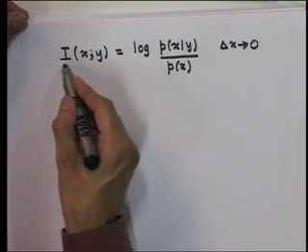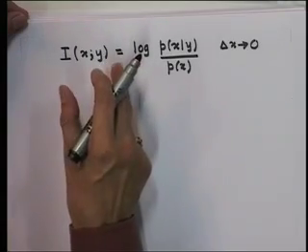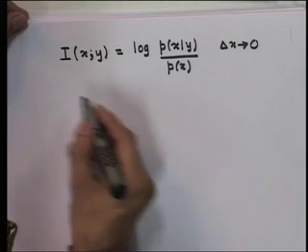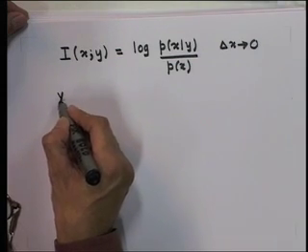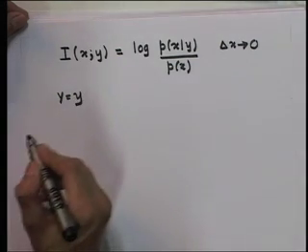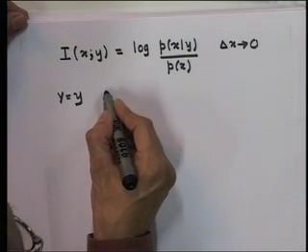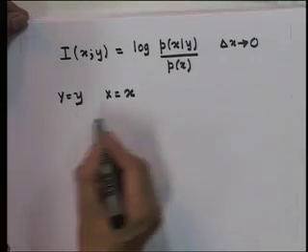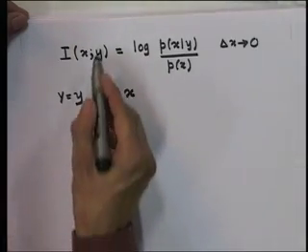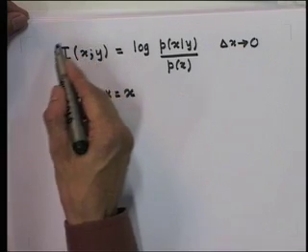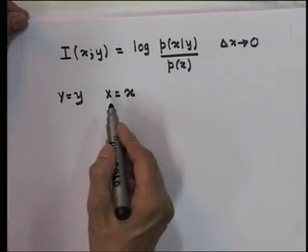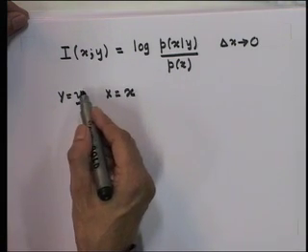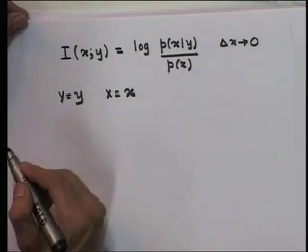Therefore, I of x y represents the information transmitted over a channel when we receive y when x is transmitted. Now, we are interested in finding the average information transmitted over a channel when some x is transmitted and a certain y is received.